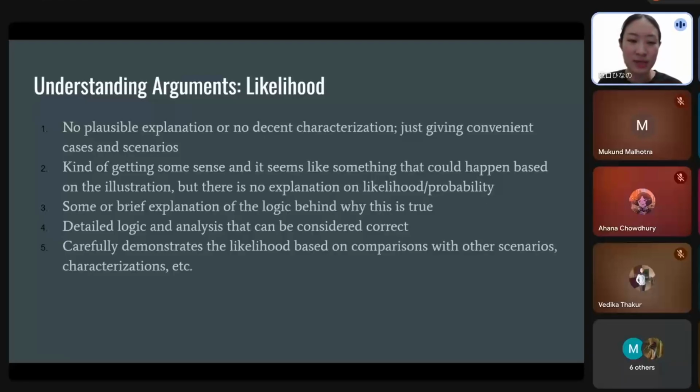The next level is detailed logic and analysis that can be considered correct. The example is parents were also taught that the conservative ideology is very important from a younger age, and they are surrounded by people who have a similar ideology.